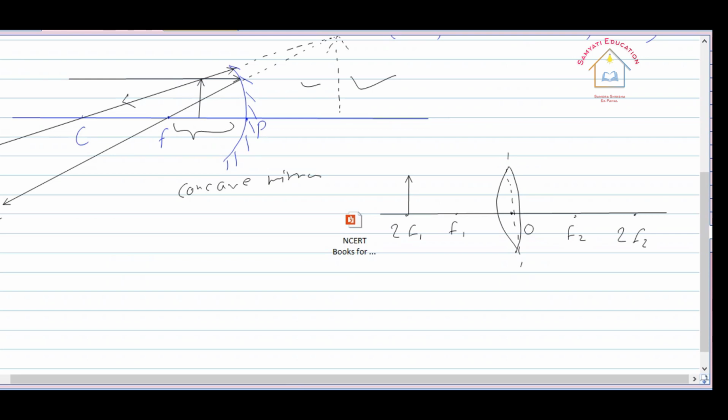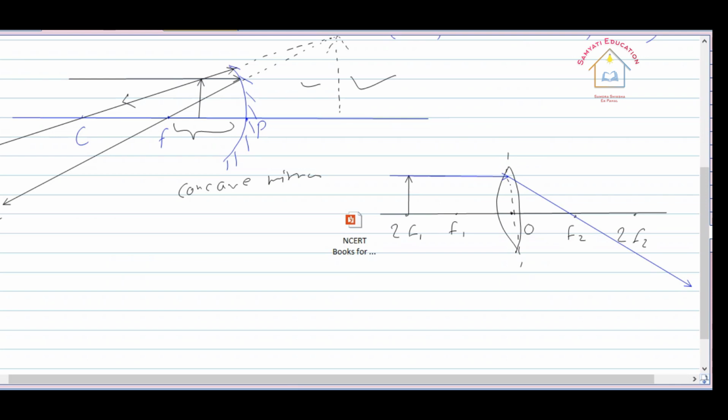And we can find our image at this point, which means at double the focal length.